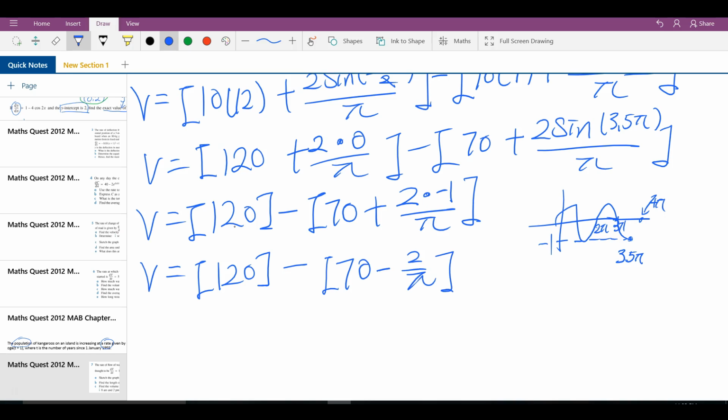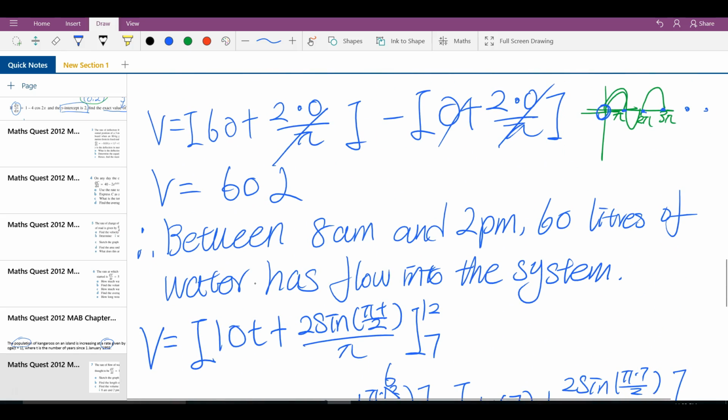Let me just do all the calculation at once. At the end, it gives us 50.63. Let's round up to the second decimal, so 50.64 liters. So that's the answer, the total amount of water. So therefore, let's see how I answered the previous one. Between 8 AM and 3 PM.